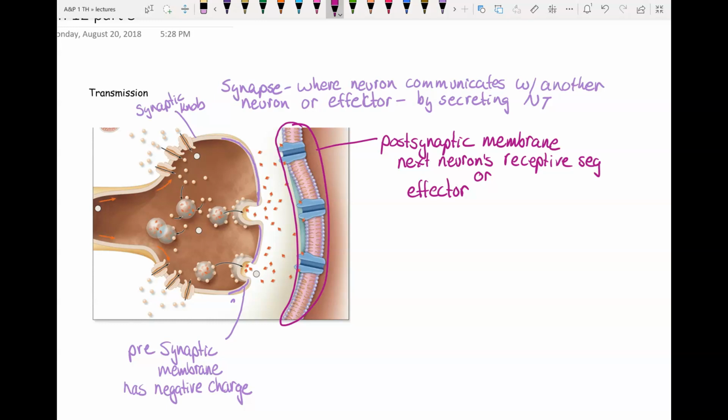Then you have a gap between them here. This gap between them is called the synaptic cleft. So this whole area between the two membranes is the synaptic cleft.